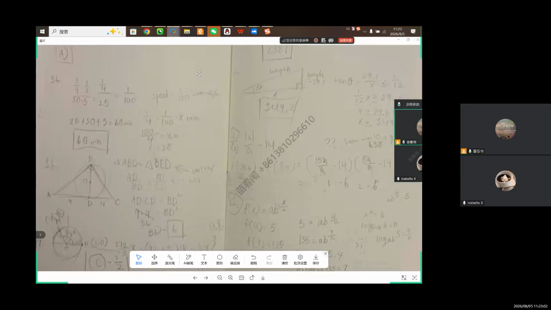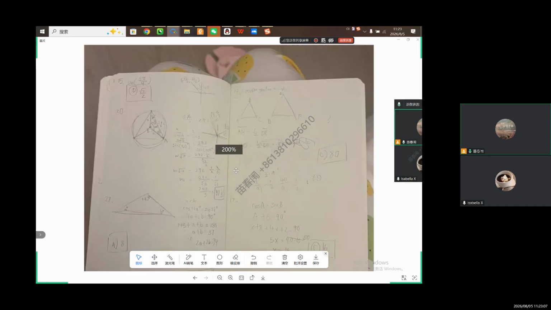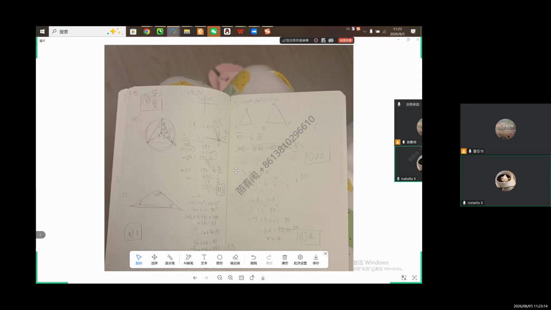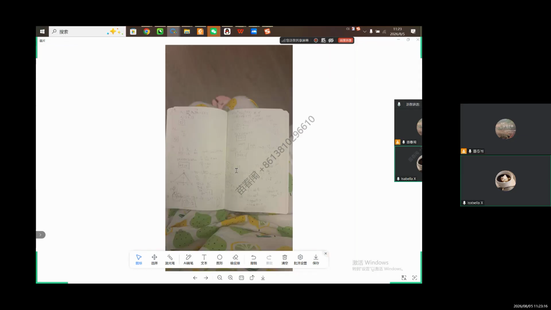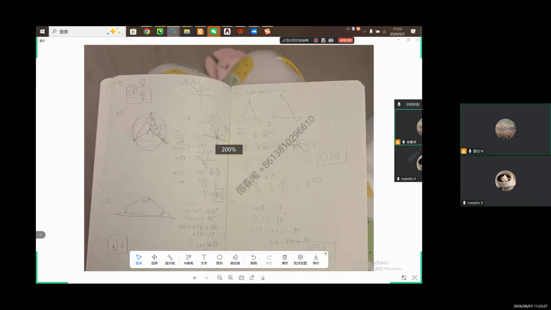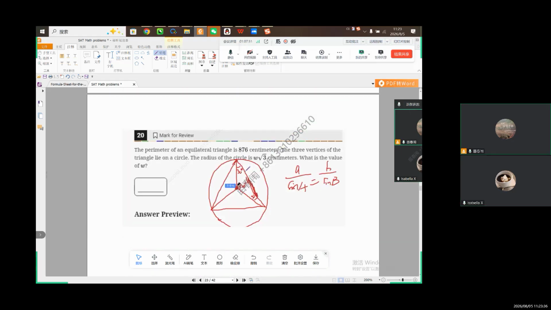Okay, let me see which one. This is okay, and this. Just go to the next one. Oh wait, actually 14, there's a problem. 14. Where is it? That's 15. Oh, 14. I answered it, but I had some problems with the two triangle thing. Okay, let me see.